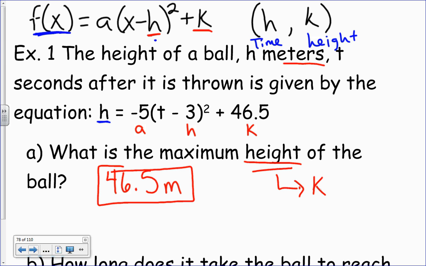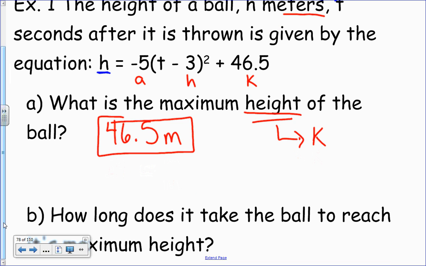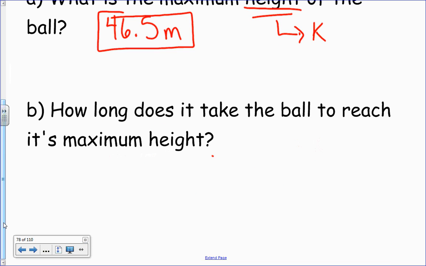That's all you'd have to do for part A. If you look down at B, B says, how long does it take the ball to reach its maximum height? How long? Now, long is asking you about time.